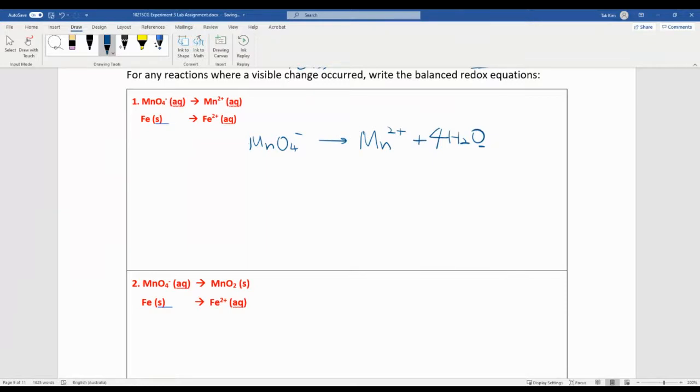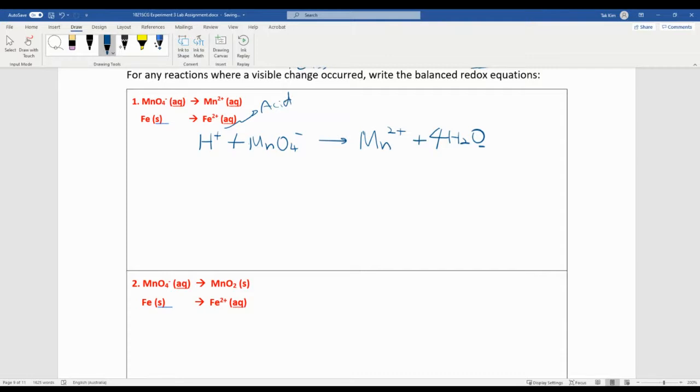So now we have 4 oxygen on the left-hand side and then 4 oxygen on the right-hand side. So by using water, we now have excess hydrogen on the right-hand side, which are now 8 hydrogen. So to balance the hydrogen, you'll need to use proton or H+, which is acid, right?